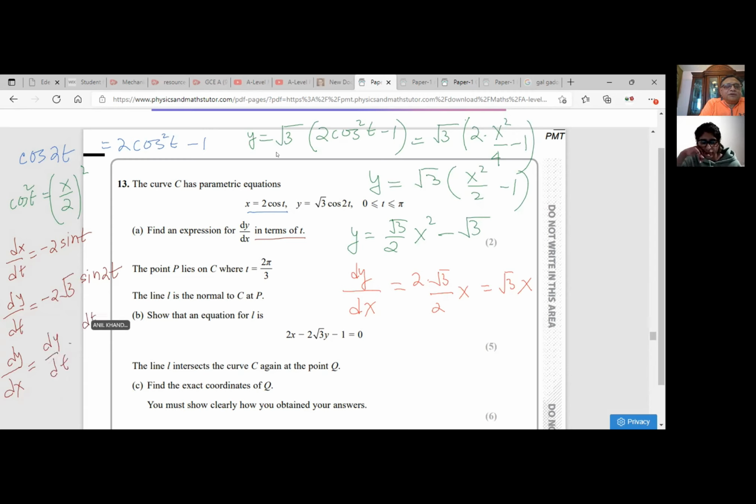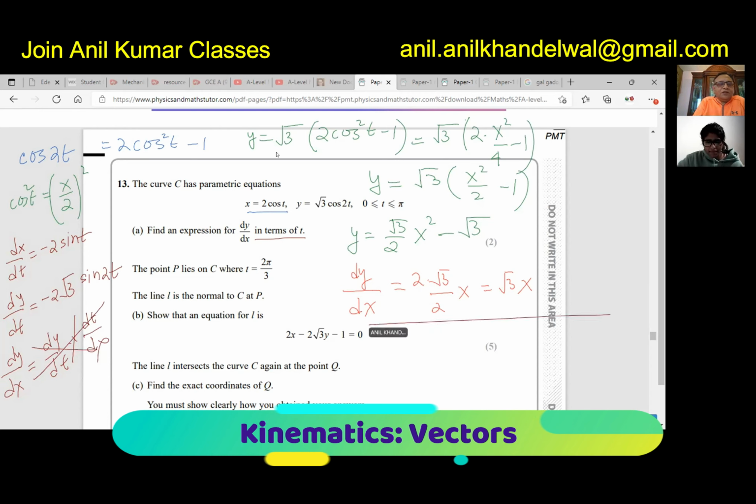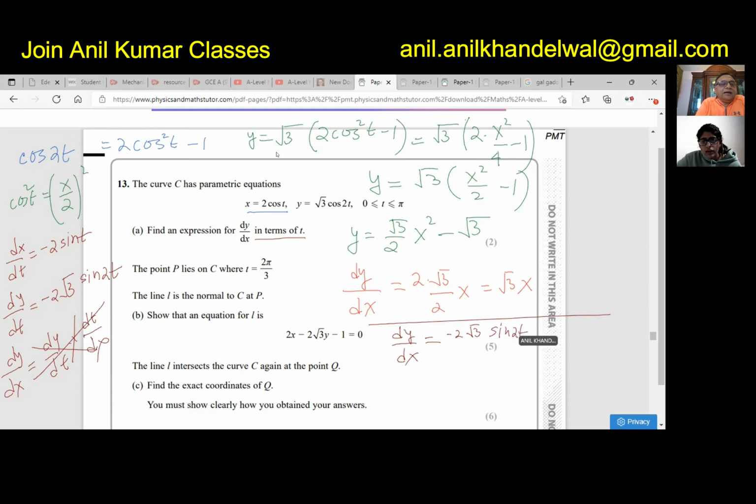You can just divide, but you can write dt dx, reverse it, flip it. No need to write this step, but you can write down the answer. So dy dx is minus 2 square root 3 sine 2t, divided by dx dt, which is minus 2 sine t.